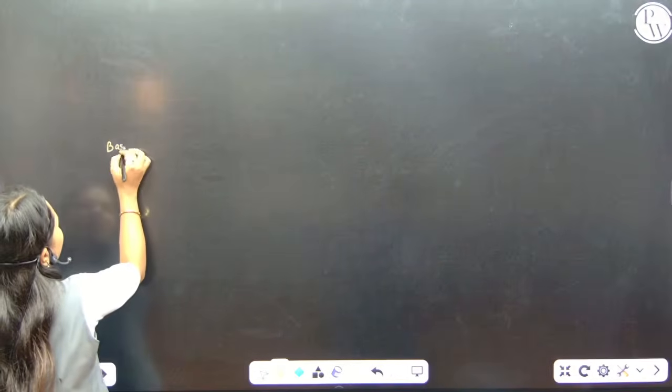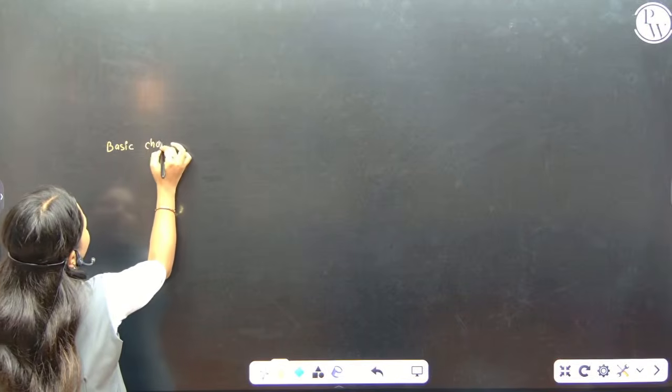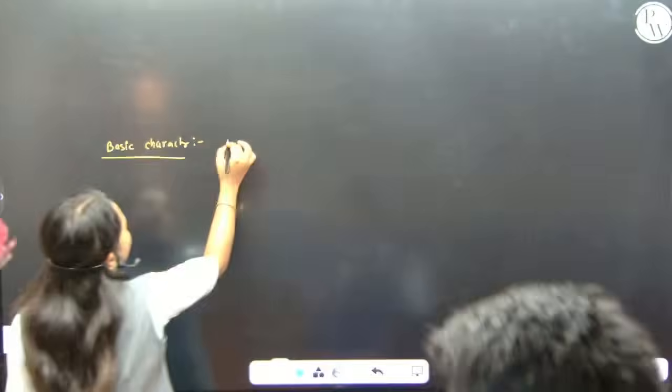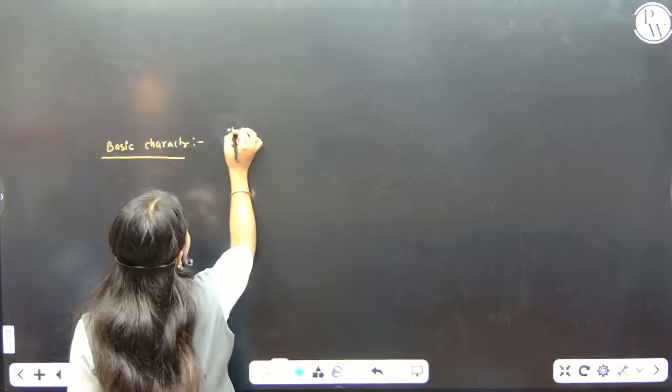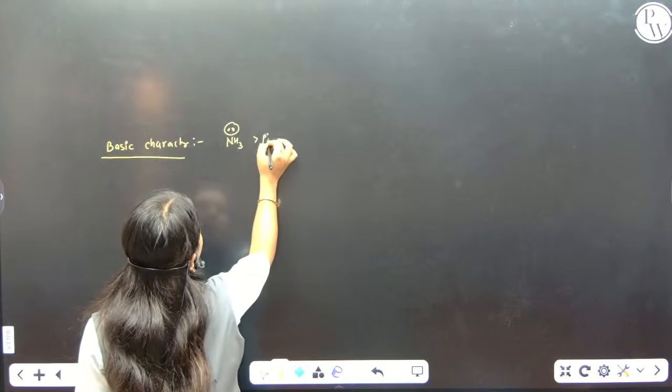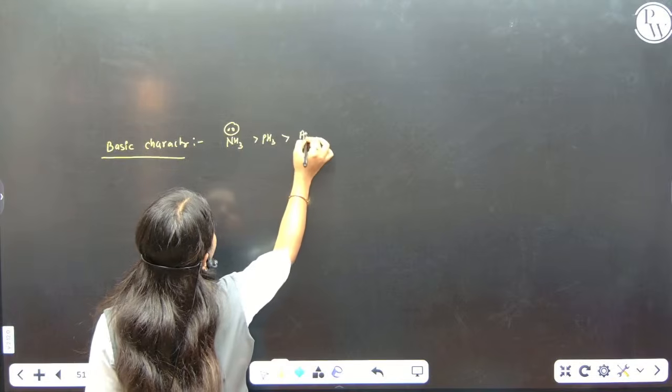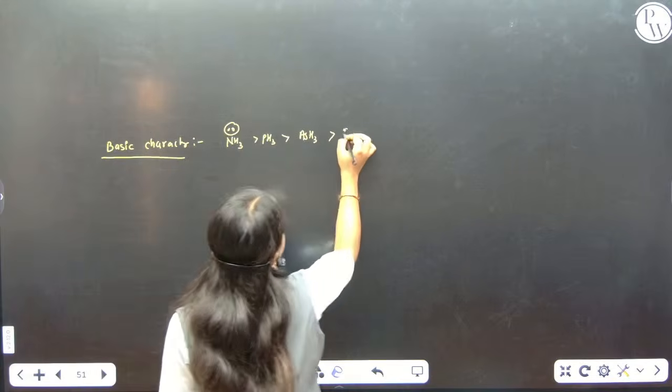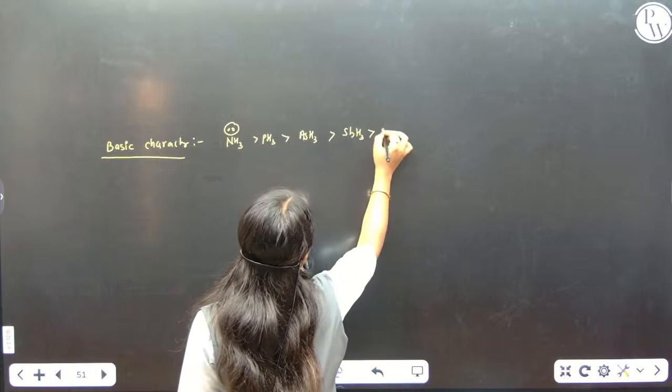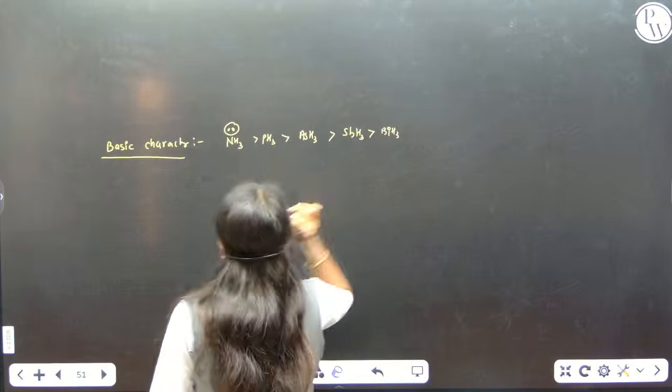So I will write here again. Basic character: ammonia is highly basic because the lone pair cannot be accommodated. Ammonia, phosphine, arsine, antimony hydride, and bismuth hydride.